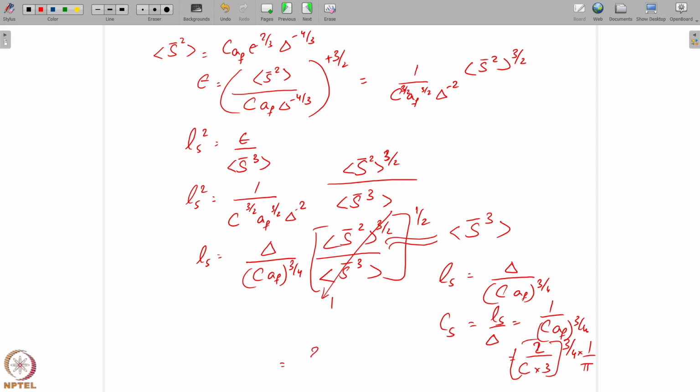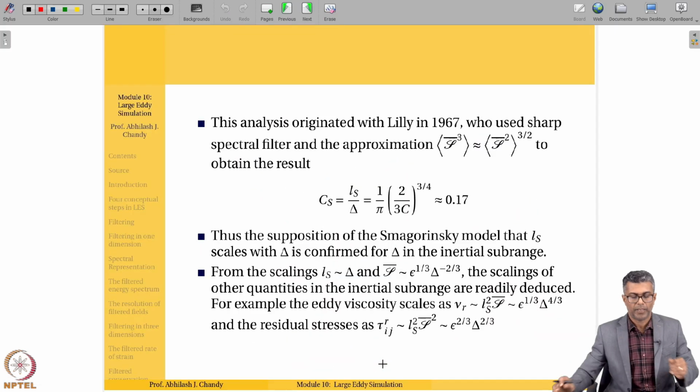So essentially I'm getting 2 over 3C to the 3/4 times 1 over pi. That's what I end up getting. Look at this. So CS is LS over delta, which is 1 over pi, 2 over 3C to the 3/4.